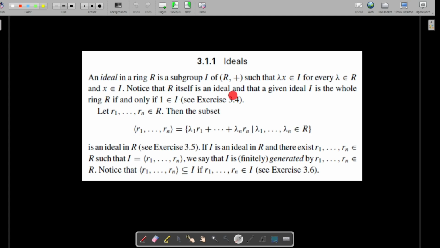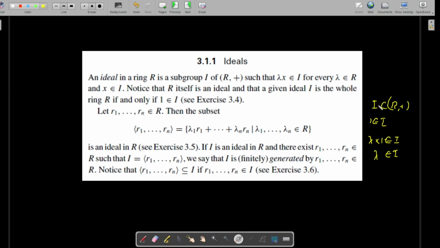Therefore, R itself is an ideal of R, and a given ideal I is the whole ring R if and only if 1 belongs to I. You can consider a subgroup I of R plus, and suppose the multiplicative identity 1 of R belongs to I. If you take an element lambda belonging to R, such that lambda times 1 belongs to I, that means any lambda belonging to R belongs to I also.